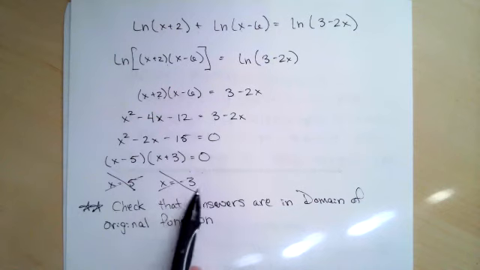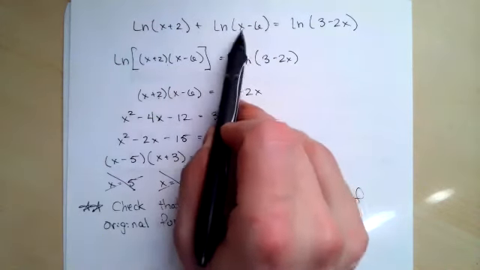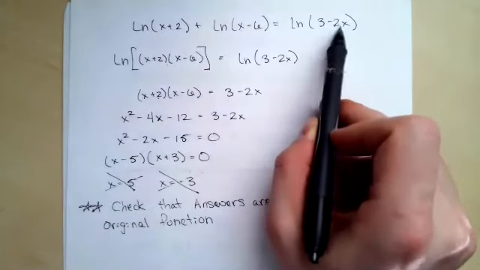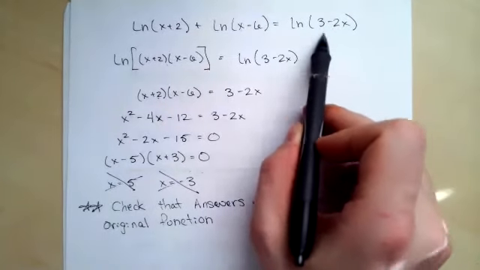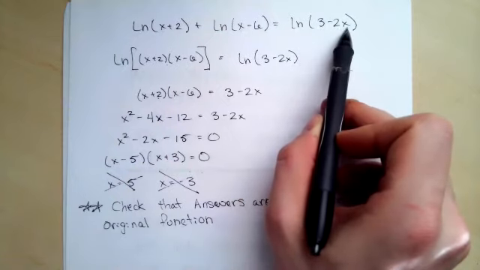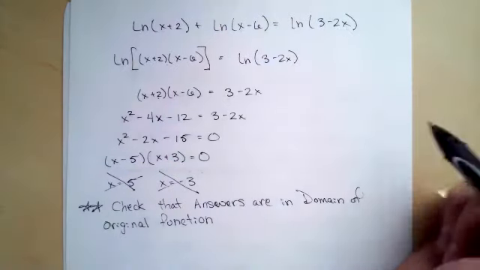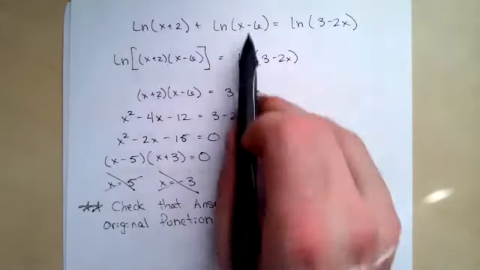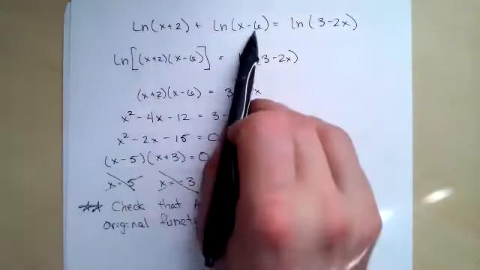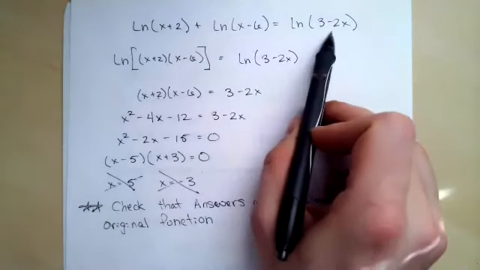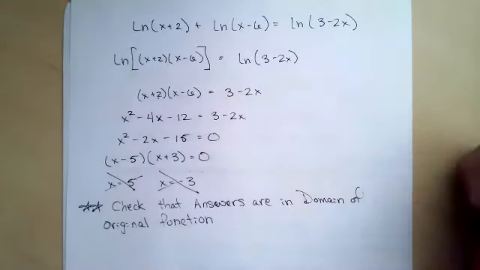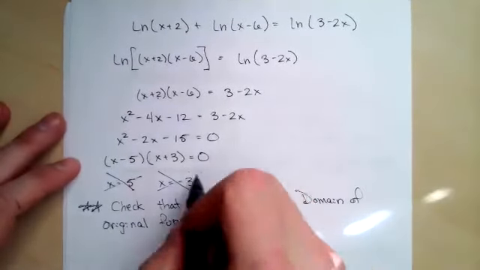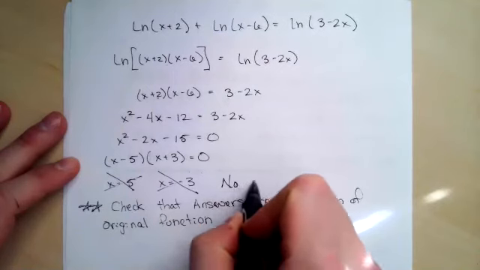Remember, we have to plug the value into the argument, and we have to take into account these shifts or even scalar multiples and check to make sure that the resulting expression inside of the log is bigger than 0. And then, of course, sometimes we check both of the answers, and no matter what number we plug in, at least one of the natural logs is going to bug out on us. It's going to be a natural log of a negative number. And so we have to throw those out. And in this case, it's just no solution.